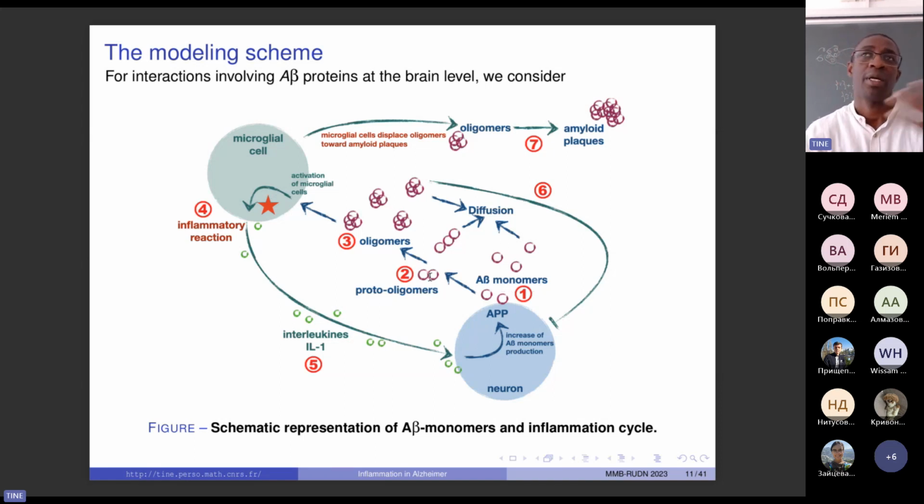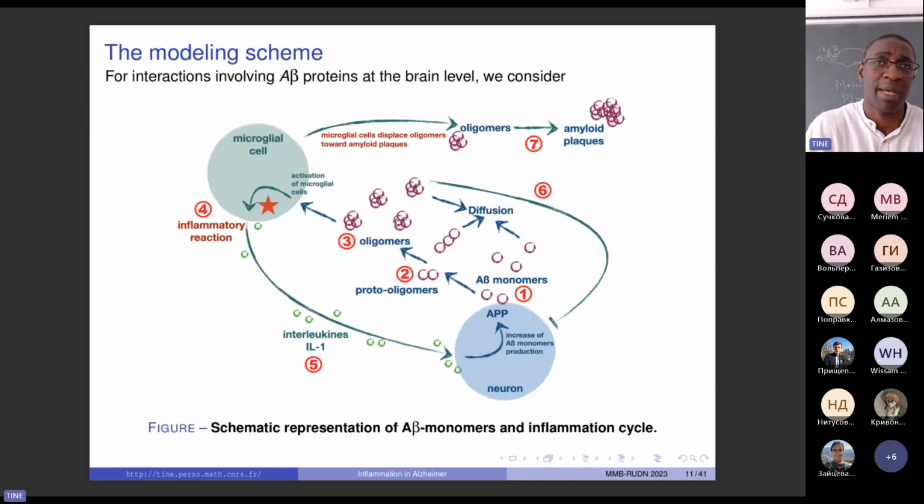When I gain monomers, I increase my size, and sometimes I reach a stable size, and this stable size is called oligomers. These oligomers are bad for the neuron because they are able to send a cytotoxic signal.